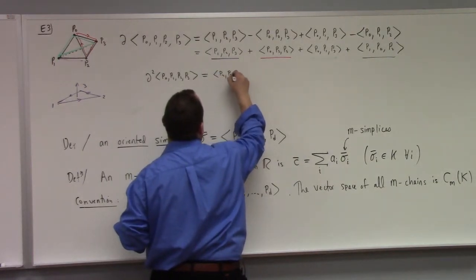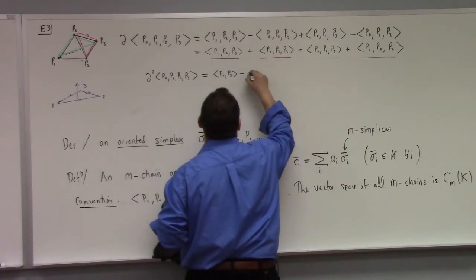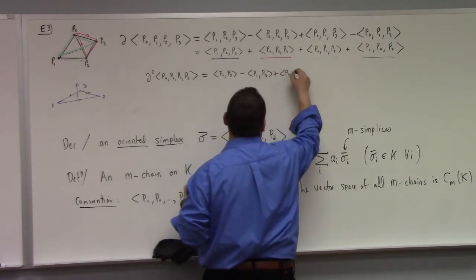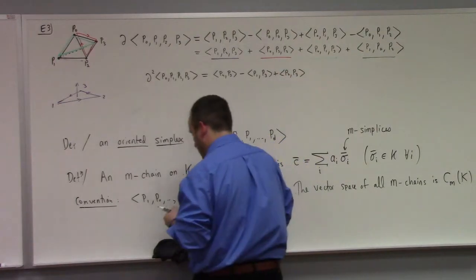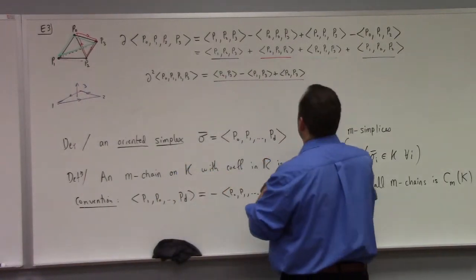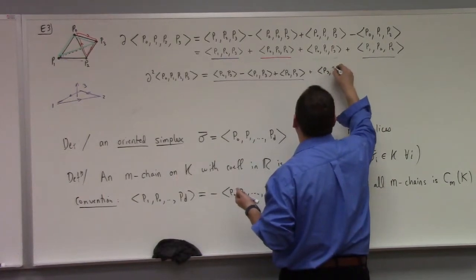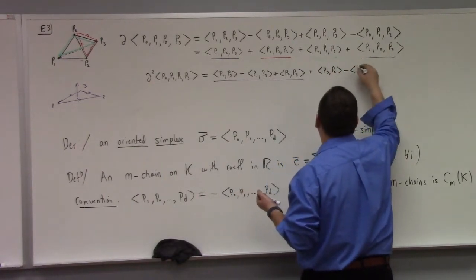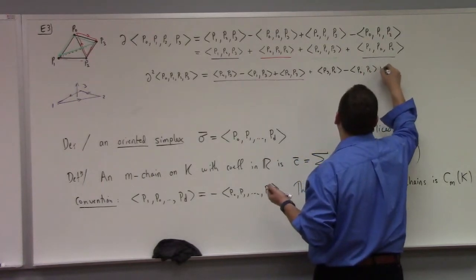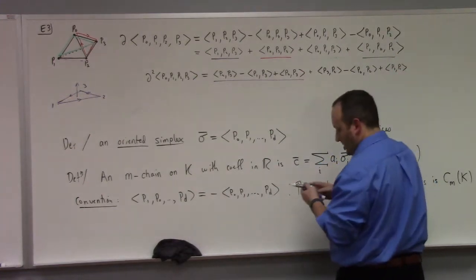P2 P3 minus P1 P3 plus P2 P3, all of that from the purple. Hope you're patient with me. P3 P2 minus P0 P2 plus P3 P2, all from the red.